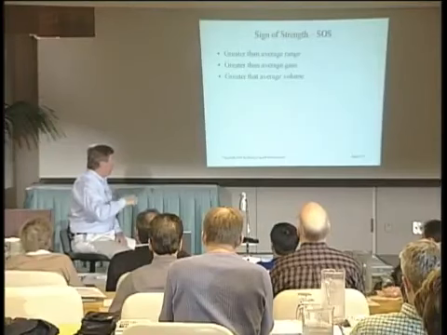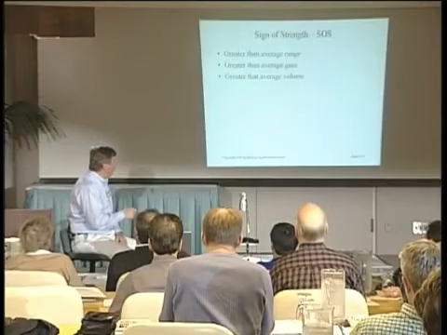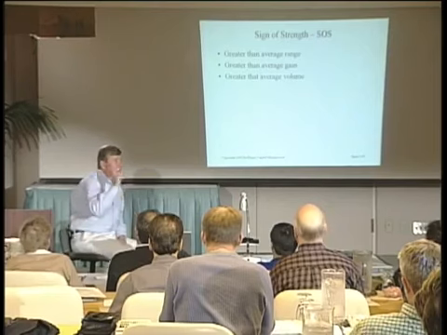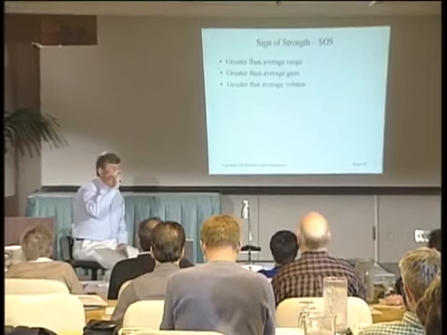Well, you'll have the greater than average range, but that may not equate to a bigger than average gain. But the distance off of that low is a big distance. So that to me is equivalent to the greater than average gain. So you don't necessarily need to have both of them.